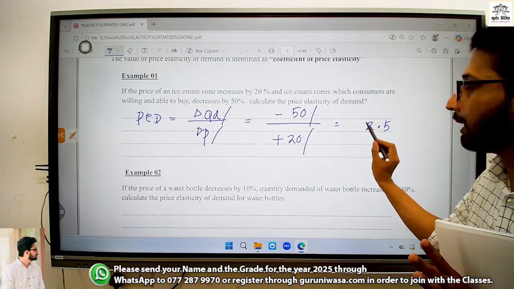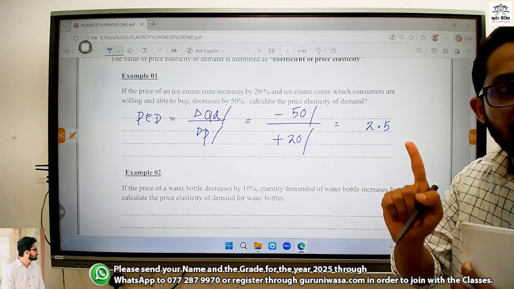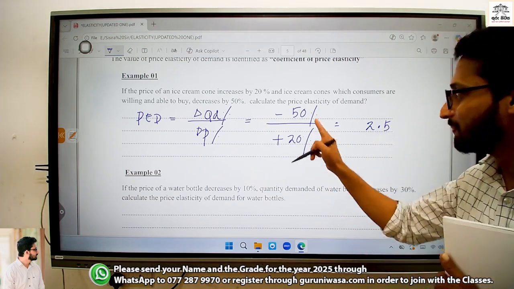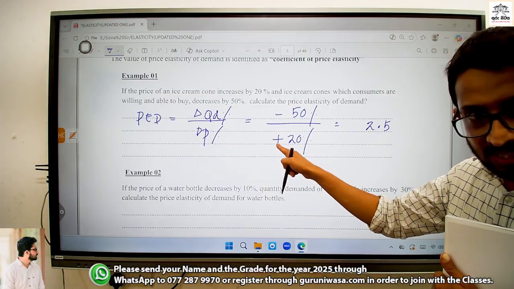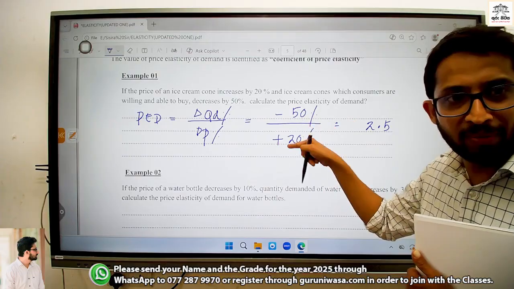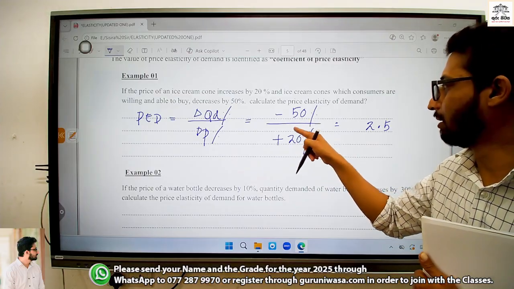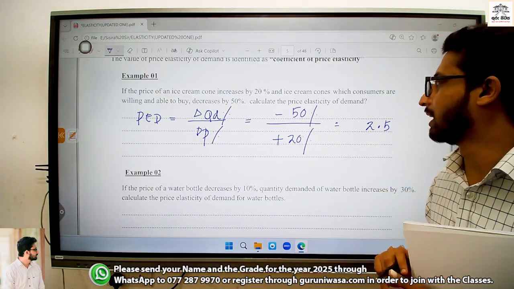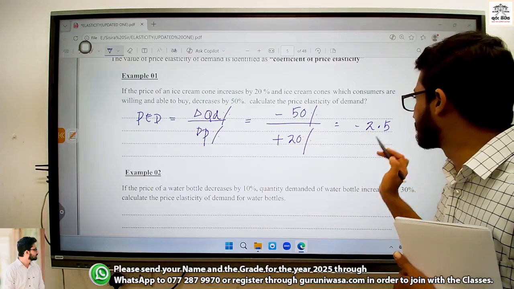So my PED value is always negative. When one increases while the other falls, the final sign should be minus.